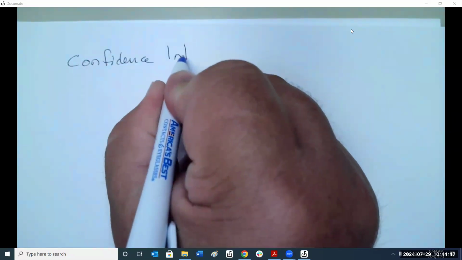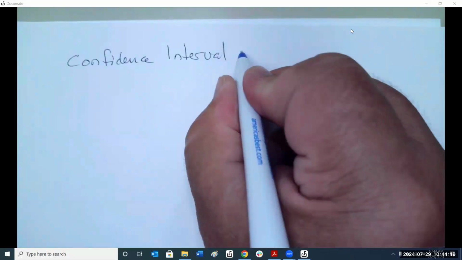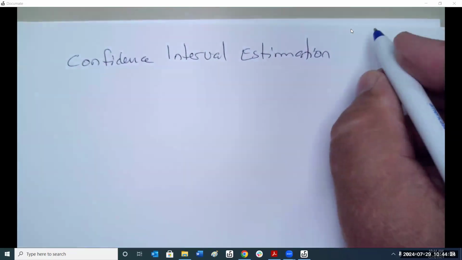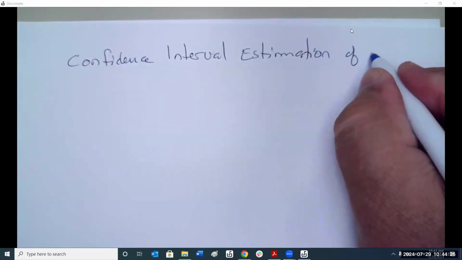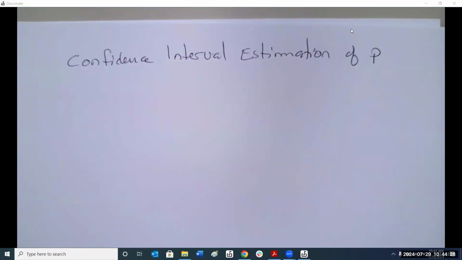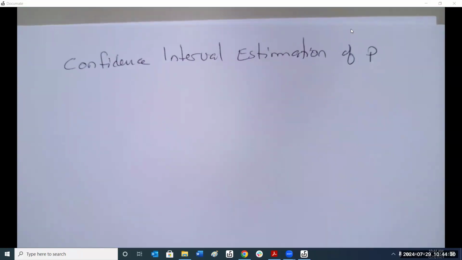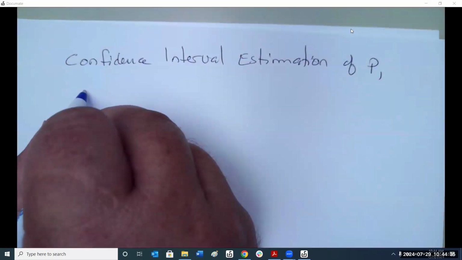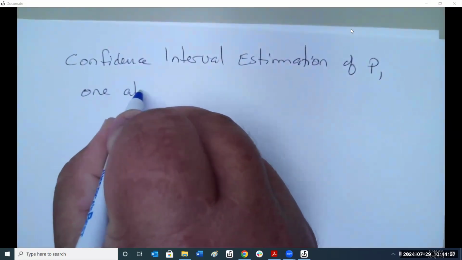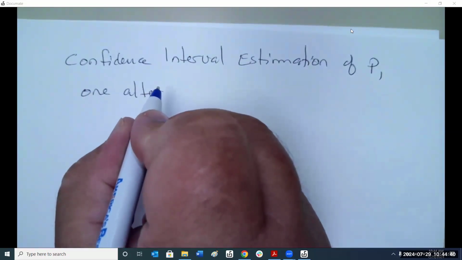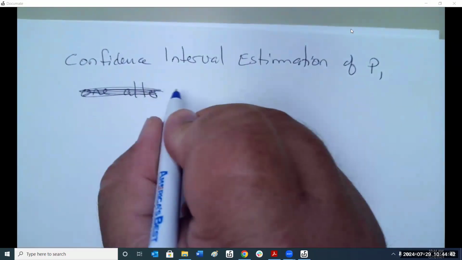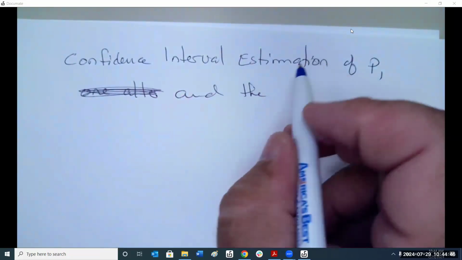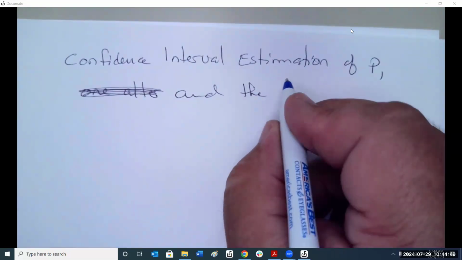The confidence interval estimation of P, or population proportion, and we have to deal with any alternatives there.